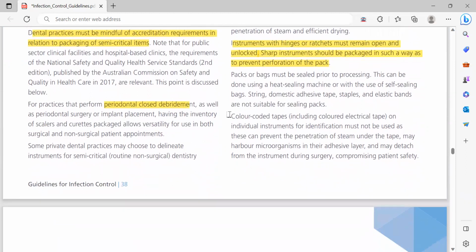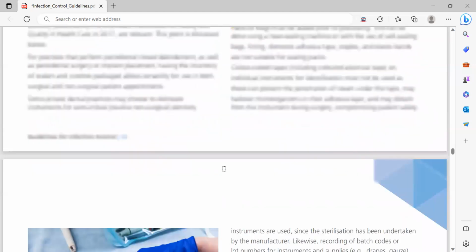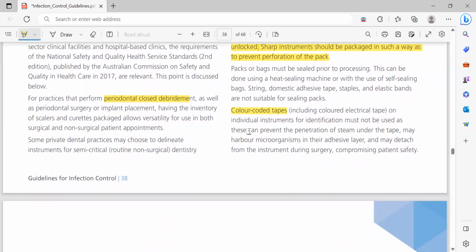Then color coded tapes. So this is what I was looking for. Color coded tapes on the individual instruments for identification must not be used, as they can prevent the penetration of steam under the tape.